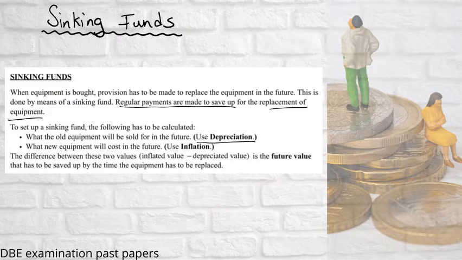So what will the new equipment cost in future? We also need to calculate this. For example, the new machine that is inside the store was 850 when you bought it. After 10 years, you won't buy it with 850.